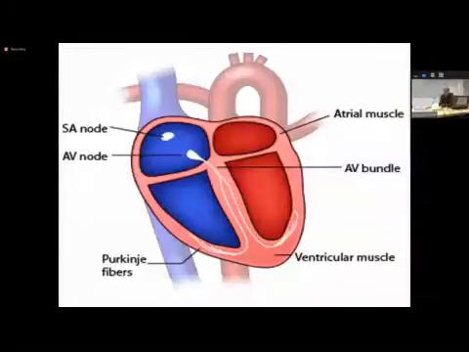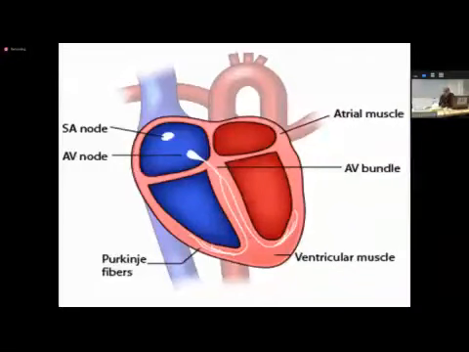Therefore, the only channel which can bring a positive ion from ECF to ICF among the channels which I have enlisted, the only cation channel, listen carefully to my sentence, sodium channels are closed for SA node.